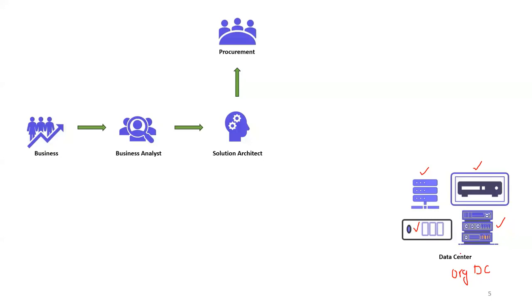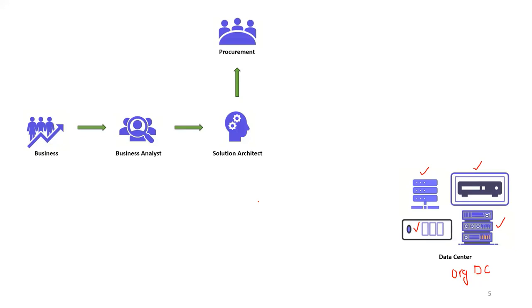If it is not available, what will they do? The solution architect will place a request to the procurement team. In the traditional model we are talking about, 7 or 8 years before, you did not have cloud available. So they have to have their own organization data center.